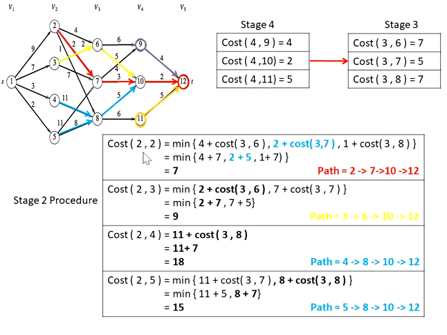So cost of 2, 2: the first one is level 2 and vertex 2. This vertex 2 has 3 vertices going out of it: 2 to 6, 2 to 7 and 2 to 8.